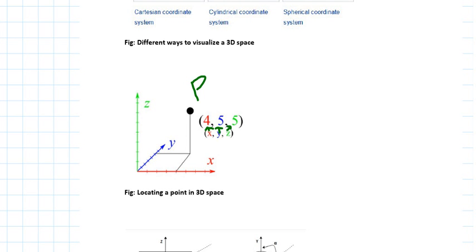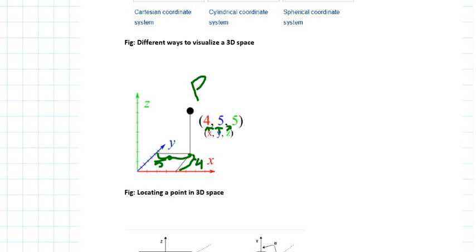And the geometric significance goes like the distance of the point from the x coordinate is 4. That means this distance is 4. Then the distance from the y-axis here to the point is 5. So this distance is 5.